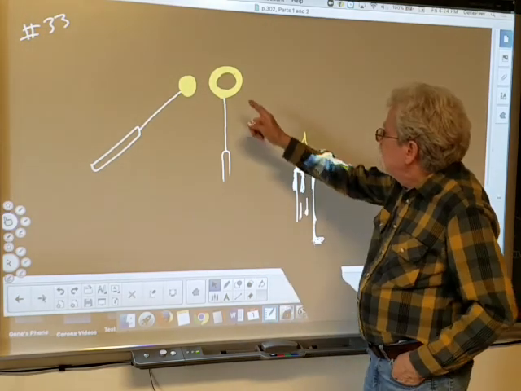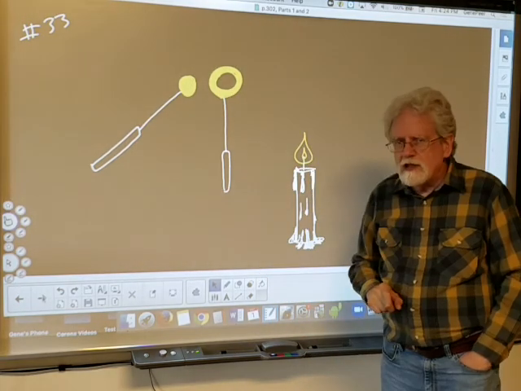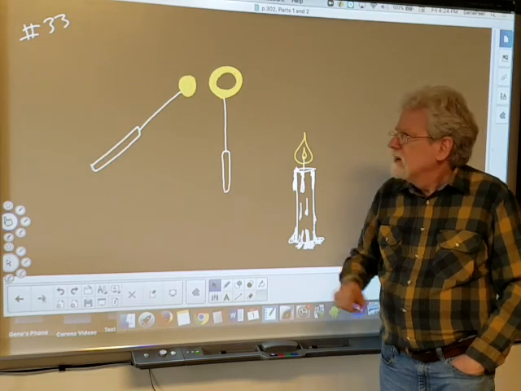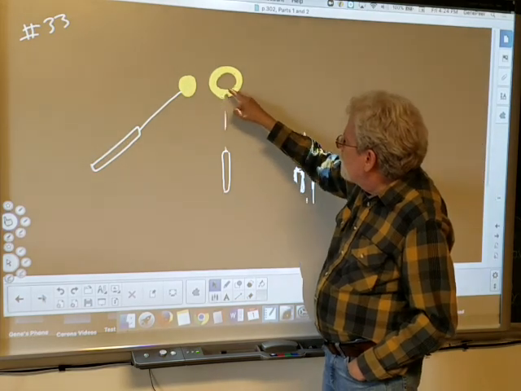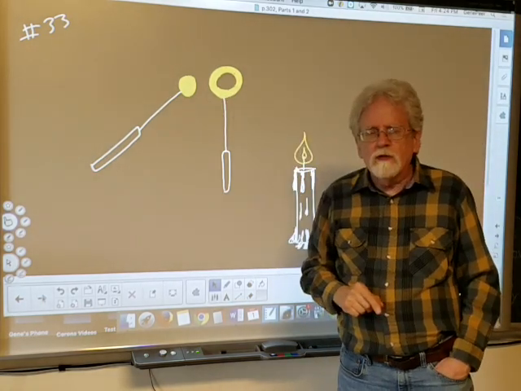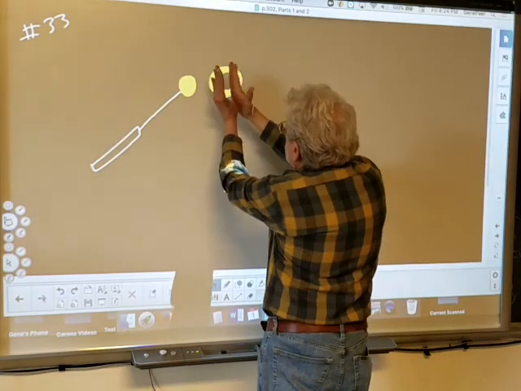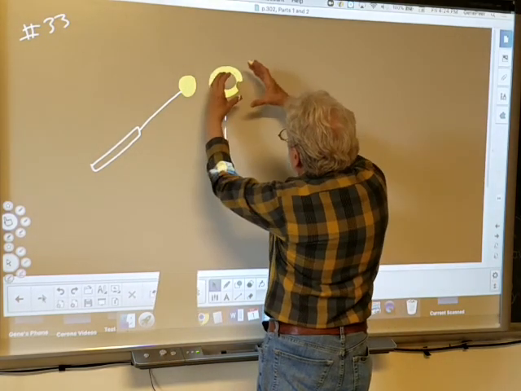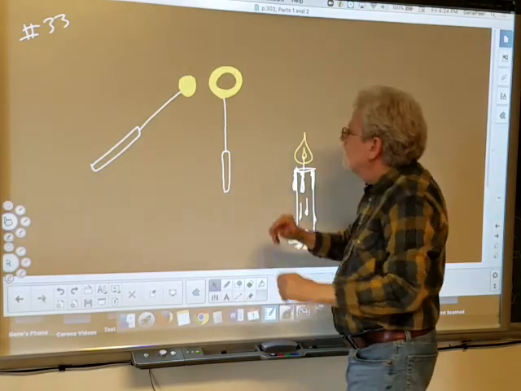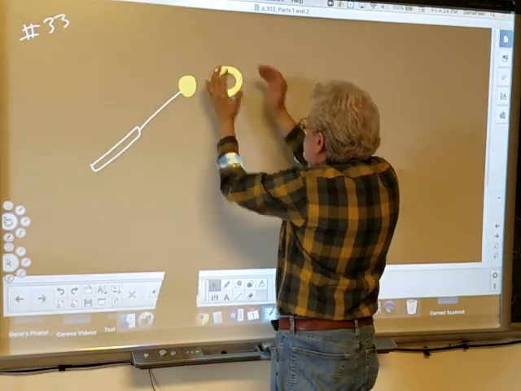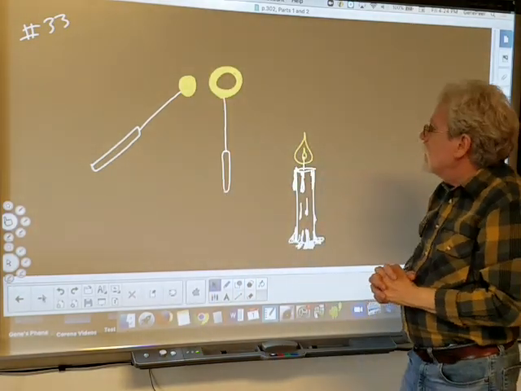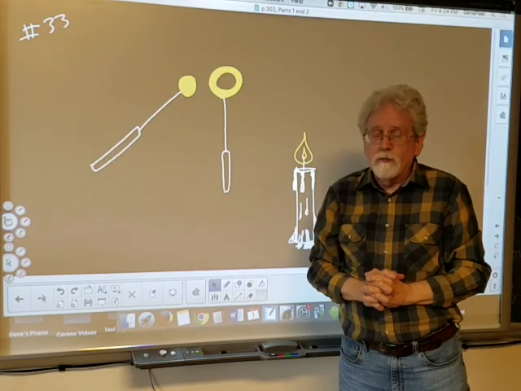However, if you take that ring and put it over the flame and heat it up, does the hole get smaller or does the hole get bigger? Does the metal expand both directions, both inward and outward, or does it all simply expand outward, making the hole bigger? Well, the reality is the hole gets bigger.